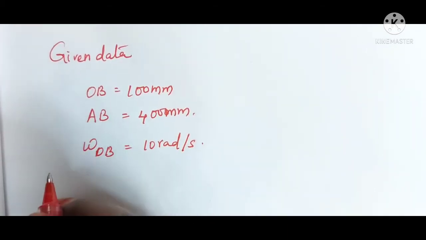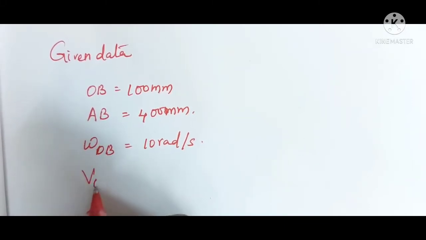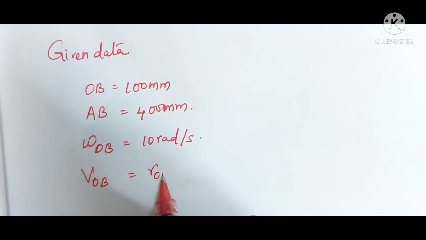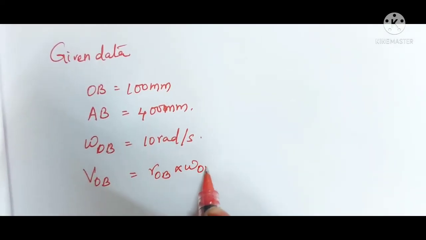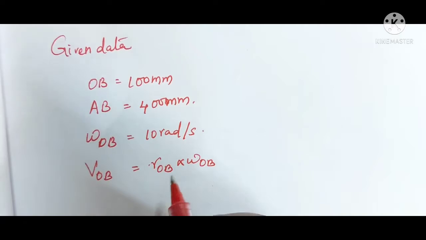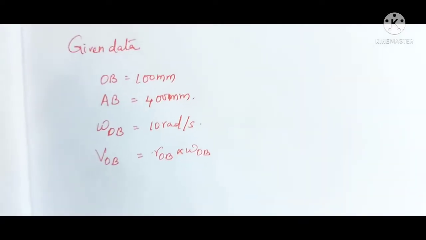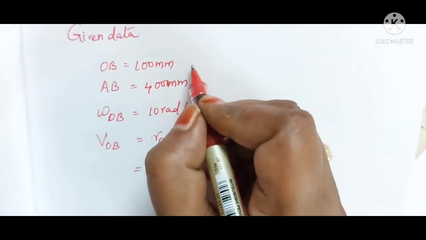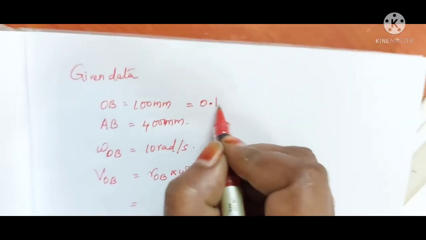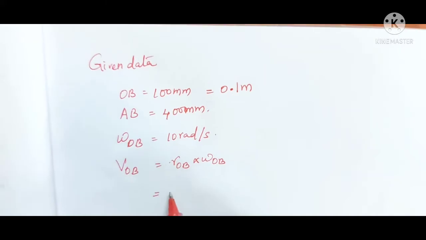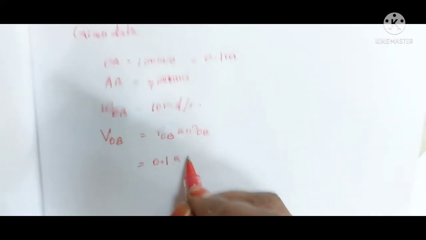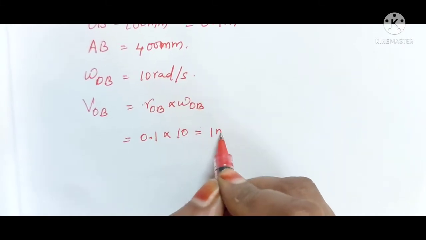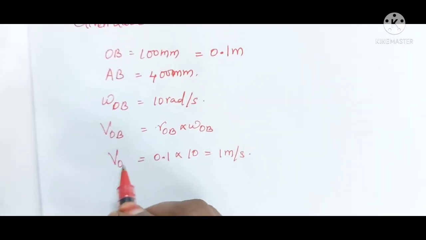They have given the angular velocity directly. From this we need to calculate VOB. V is nothing but ROB into omega OB. Either you can take ROB or LOB, both are the same. ROB is 100 mm, so convert into meters, 0.1 meter. So 0.1 into 10 radians per second, you will get 1 meter per second as the velocity of OB.